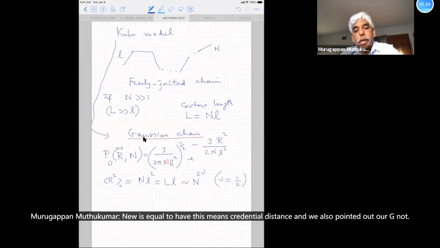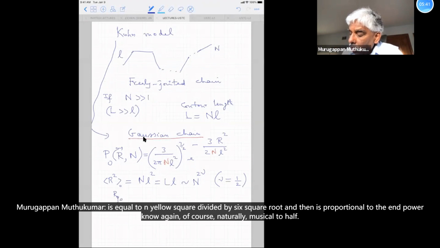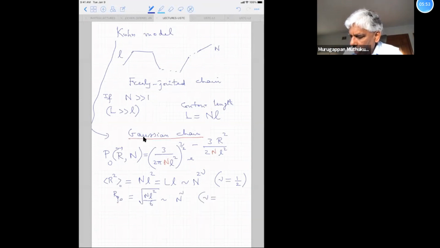This is the mean square end-to-end distance. We also pointed out that Rg0 is equal to the square root of n l squared divided by 6, and this is proportional to n to the power nu. Again, naturally, nu is equal to half.